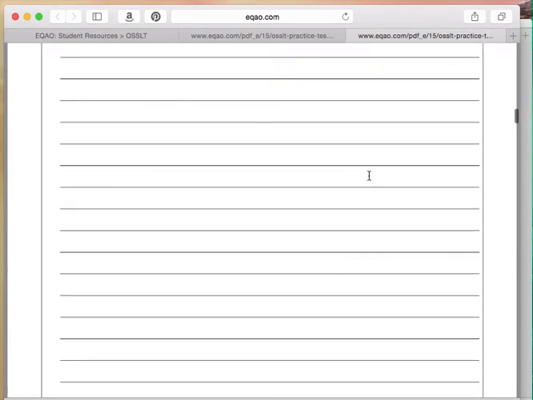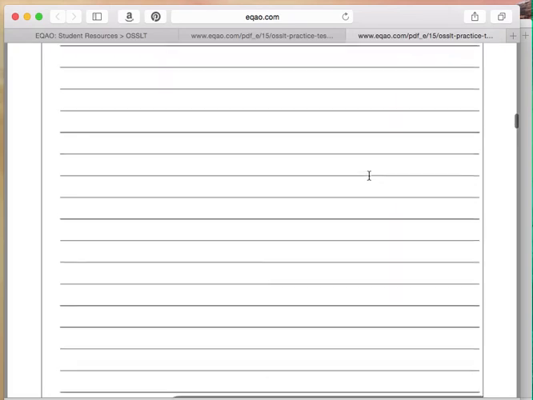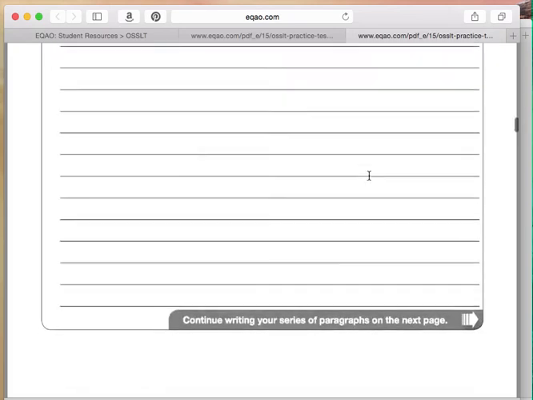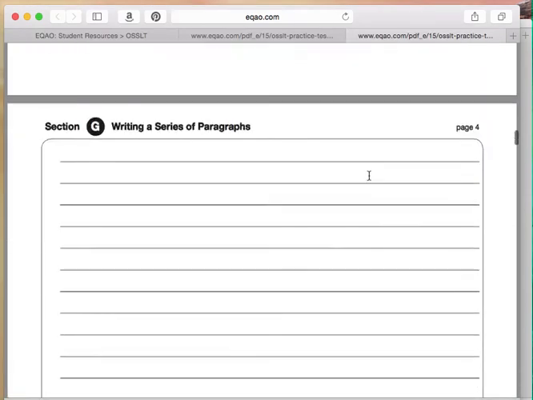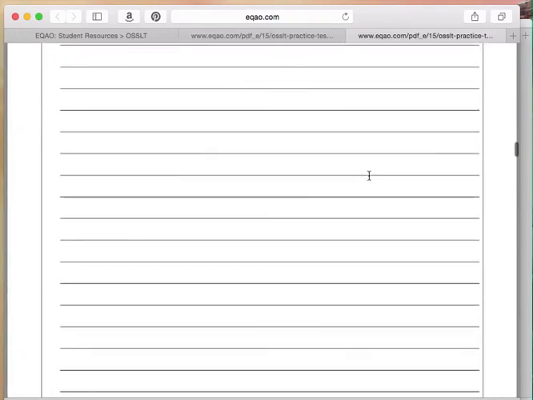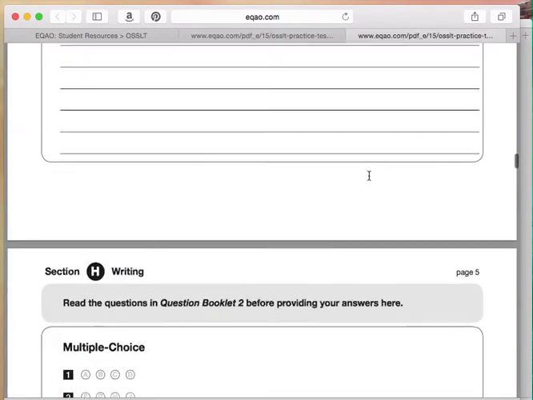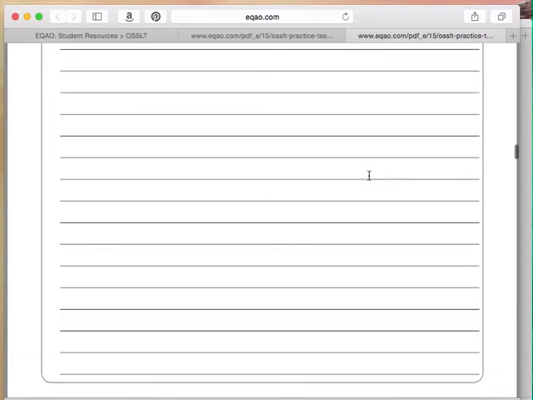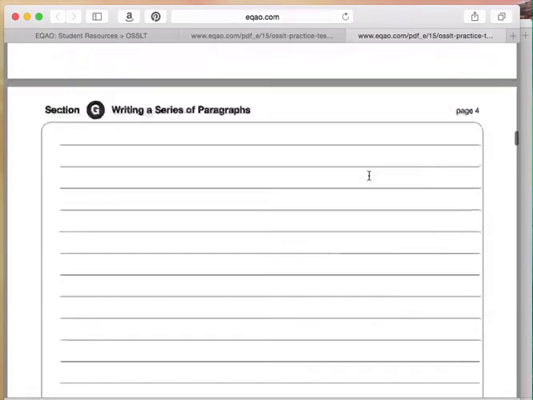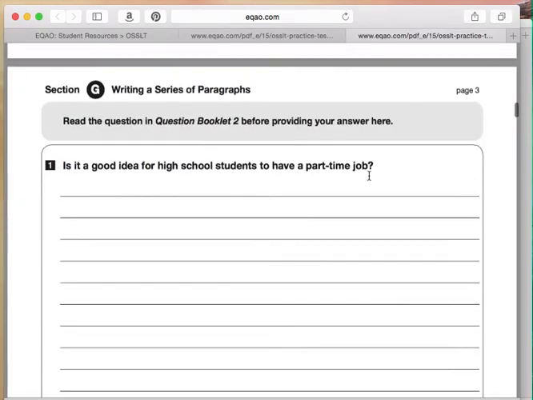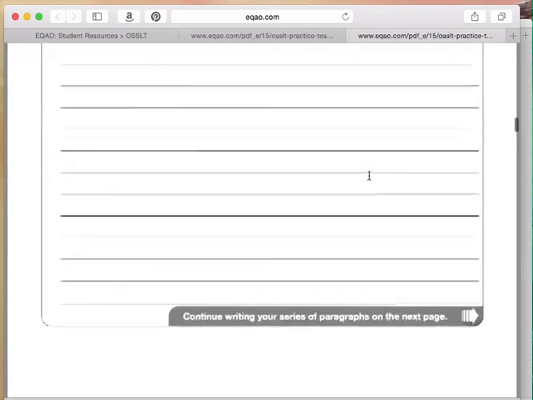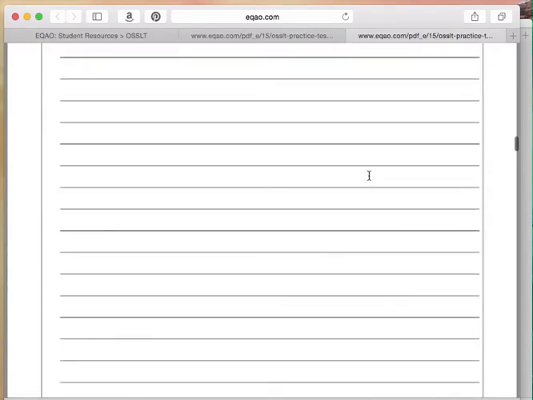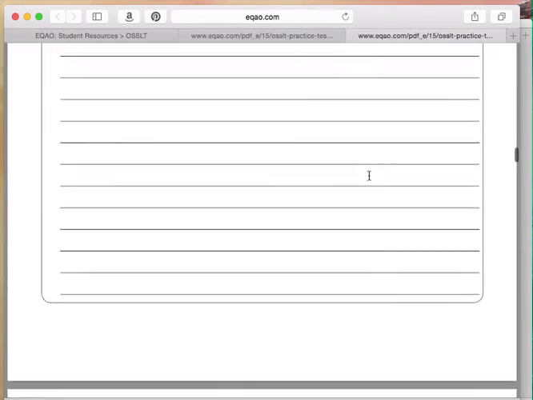And let's just take a look at the ideal length that the EQAO is requiring for your series of paragraphs. As you can see, it's roughly 2 full pages of writing, and again, a minimum of 3 paragraphs.